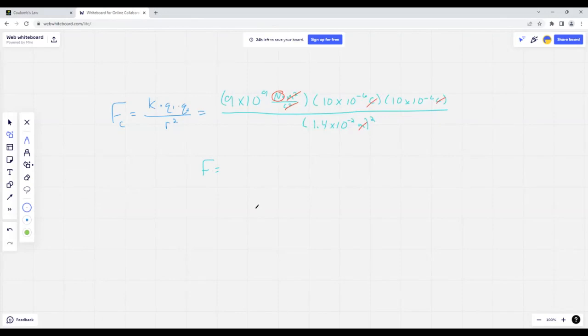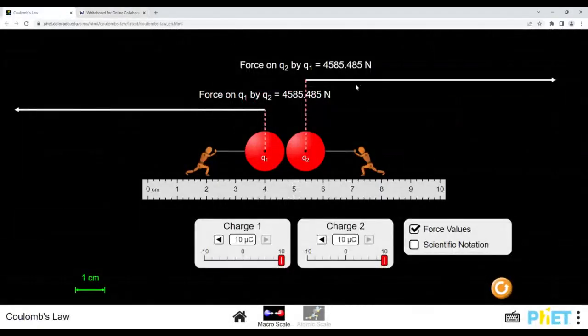Running all of that through a calculator, from this we get 4,591.837 compared to 4585. So, you know, something like 0.1% error. Remember that's just the difference between our rounded value of k and the true value of k.